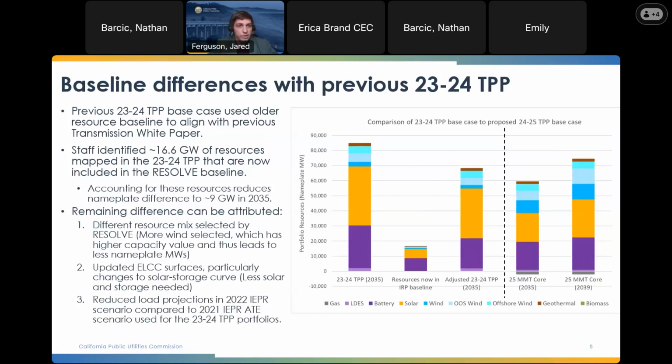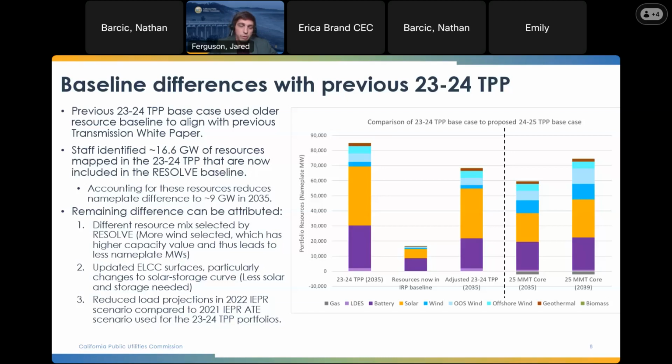And we discussed this in the last workshop in October, but I did want to come back to this point because it is a key point, and it does lead to some confusion and difficulties when we're doing comparisons between portfolios. The proposed base case and the previous 23-24 TPP base case portfolio that the ISO is currently studying use a different resource baseline.